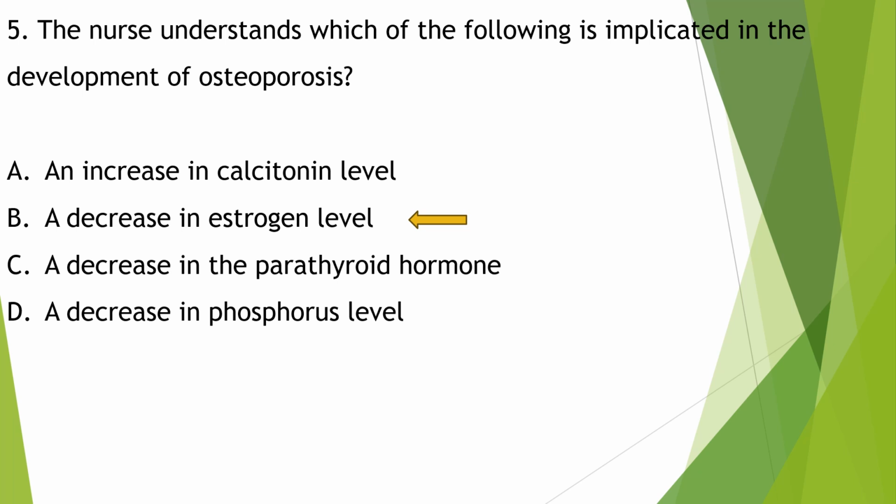Calcitonin decreases osteoclast activity. A decrease in parathyroid hormone would decrease osteoclastic activity. A decrease in phosphorus level is inversely proportional to an increase in calcium levels. So here, in the development of osteoporosis, a decrease in estrogen level plays a part.